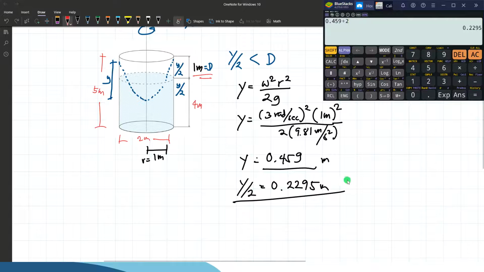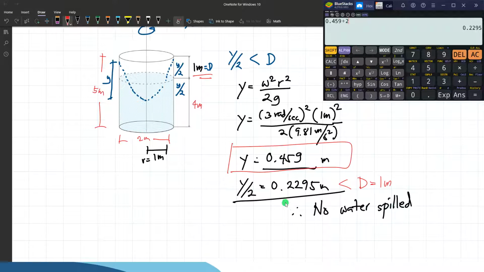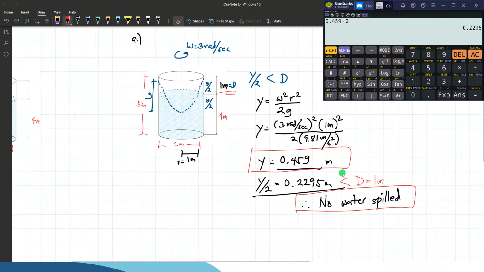Therefore, no water is spilled. So here are your answers for letter A.